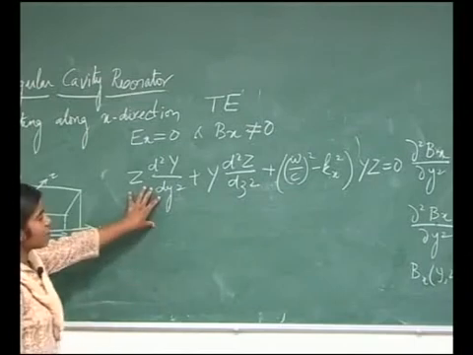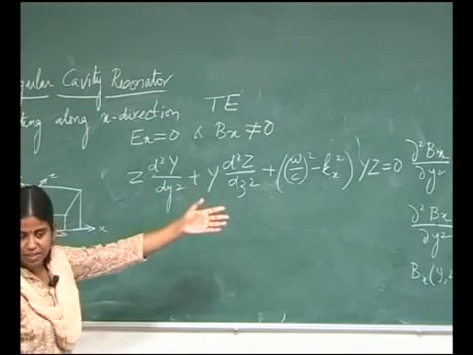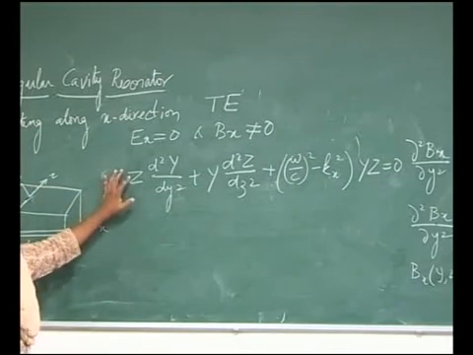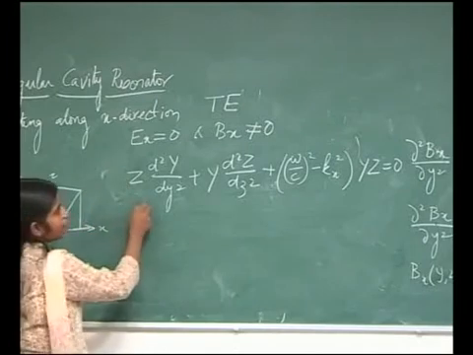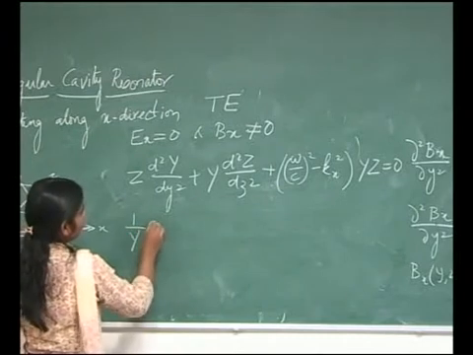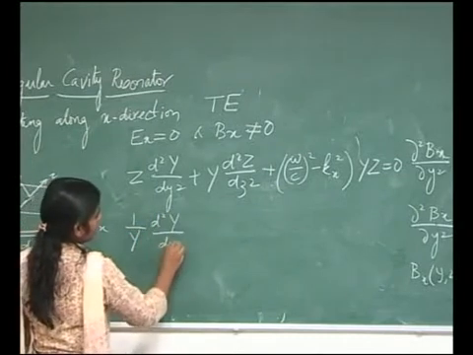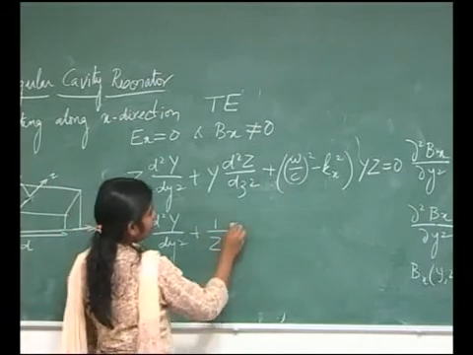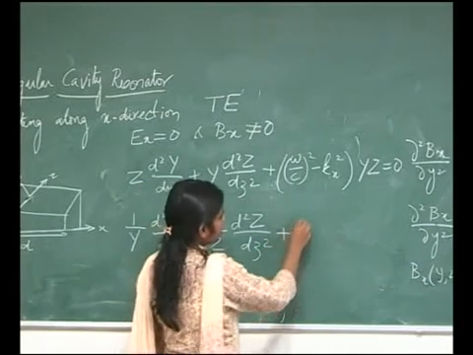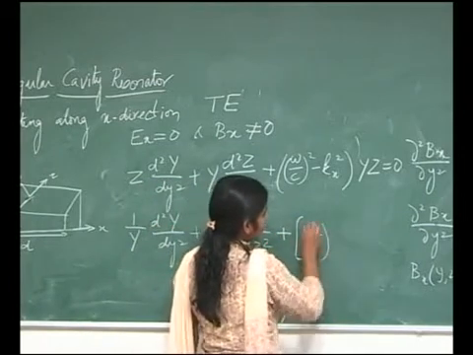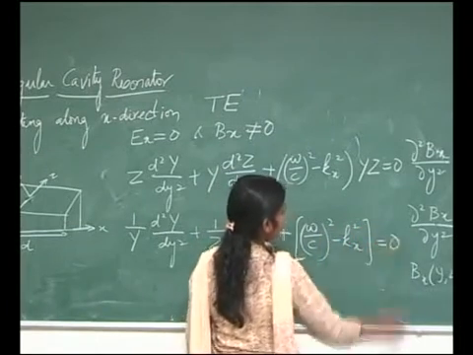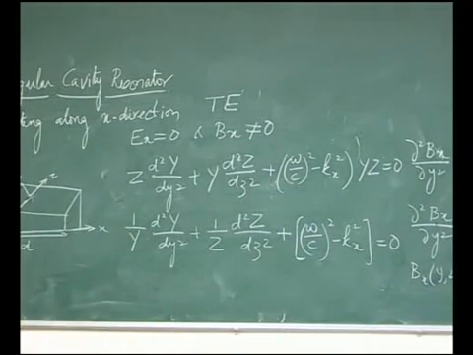So, now I can very easily divide this whole equation by YZ, which we did yesterday also, okay. I am doing this equation because there was a question and there was some confusion. So, if I divide this whole equation by YZ, I get a nice looking equation: 1 by Y d2Y by dy square plus 1 by Z d2Z by dz square plus omega by c whole square minus kx square is equal to 0, okay.